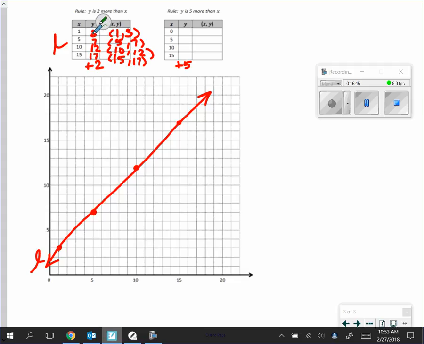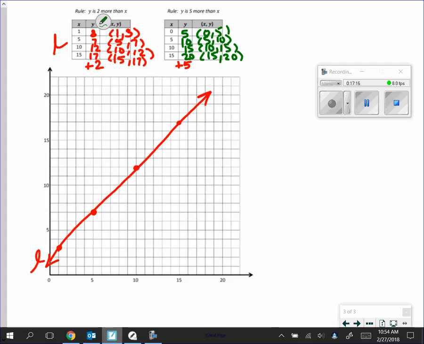Okay, so 0 plus 5, 5. 5 plus 5, 10. 10 plus 5, 15. 15 plus 5, 20. So once you figure out how to use the pattern rule, is this really something that's difficult? No. Not really.